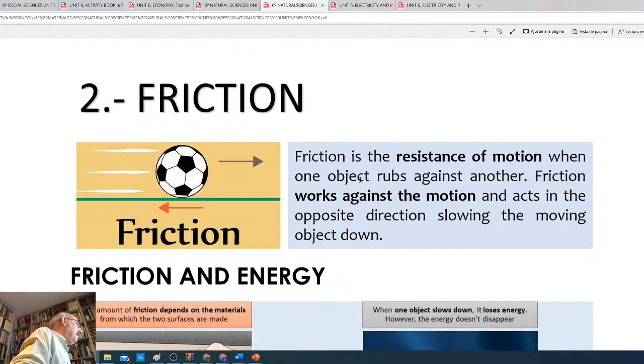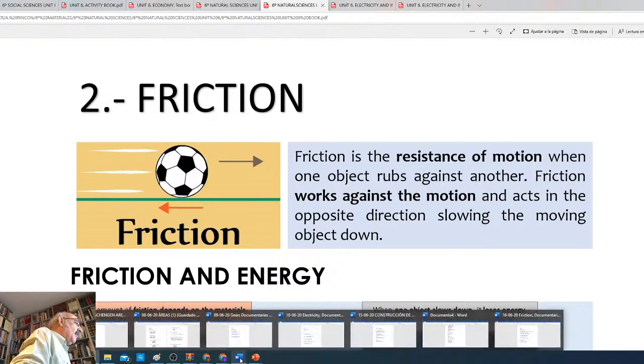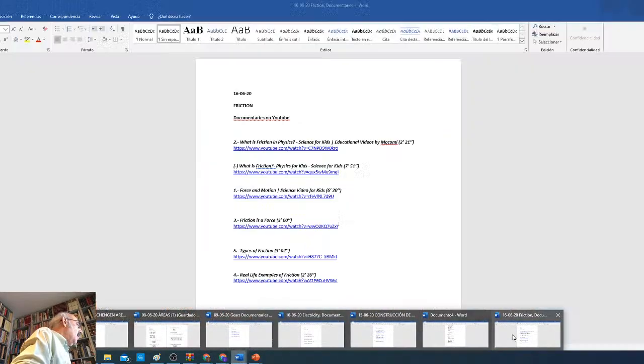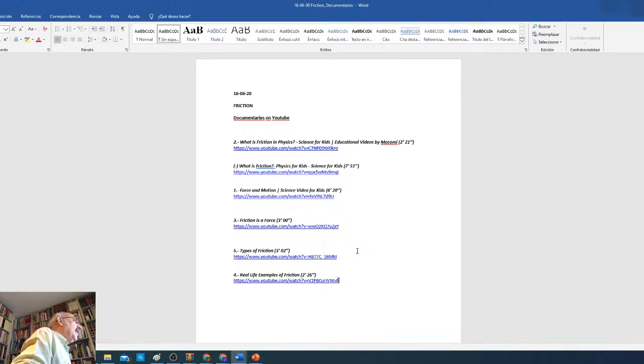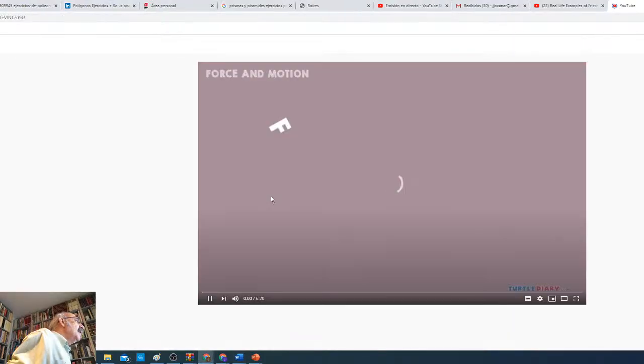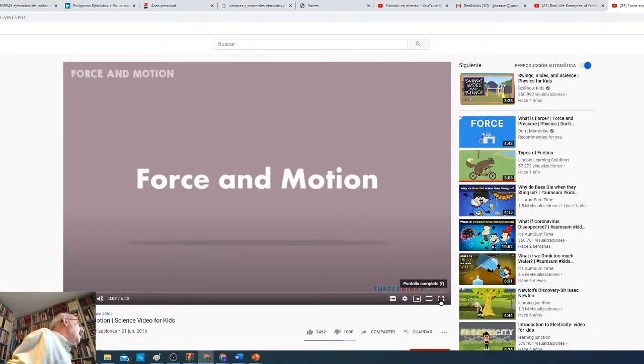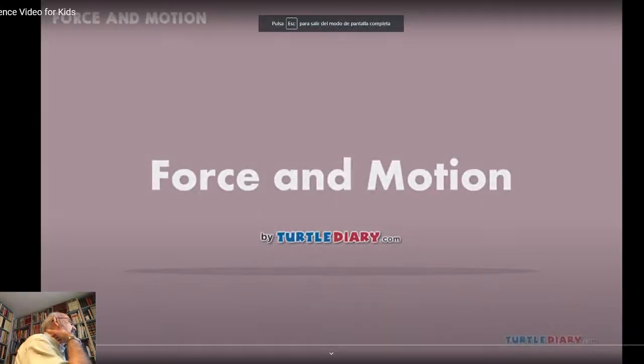With that in mind, we're going to see one interesting video clip. Pay attention, because we are going to watch force and motion.